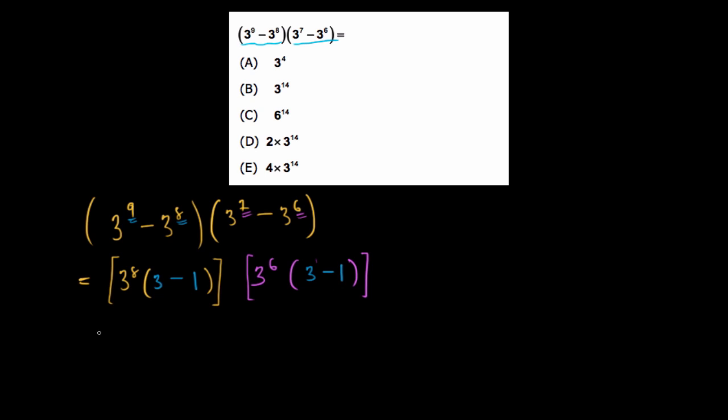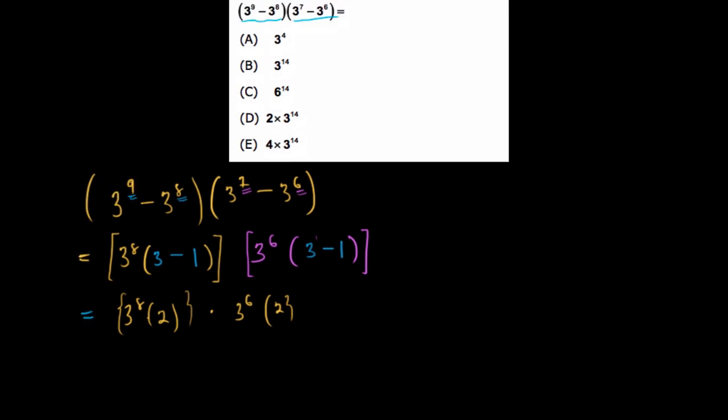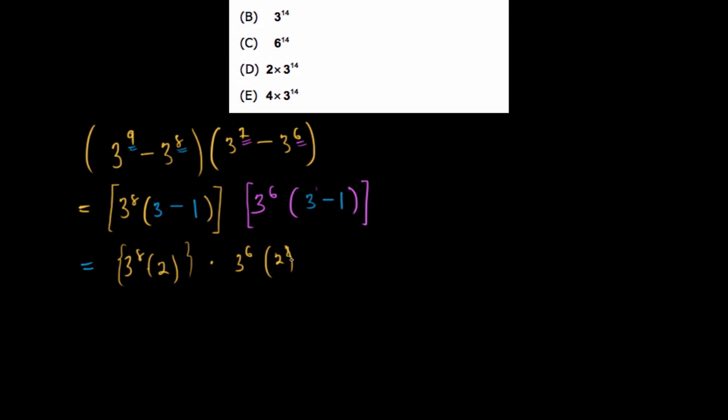So to complete the whole long thing here, what you have is 3 to the power 8. Now 3 minus 1 is going to give you 2, so this is multiplied by 2, and then multiplied by 3 to the power 6, and this is 3 minus 1, which is also 2.